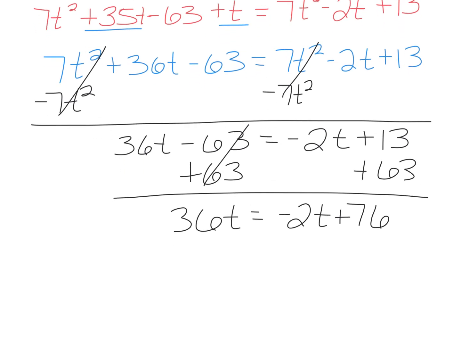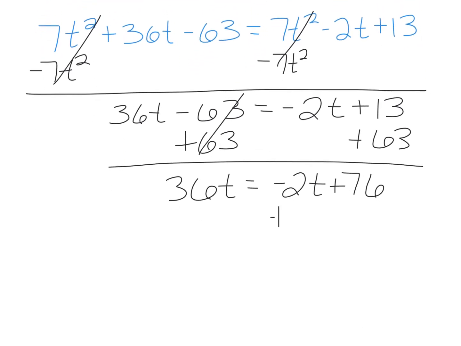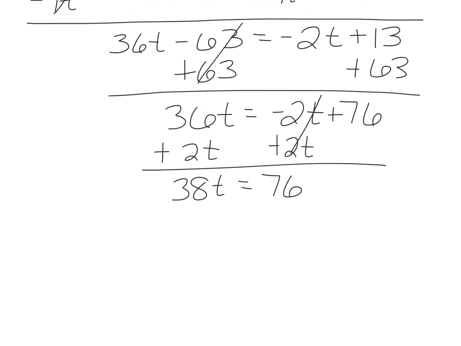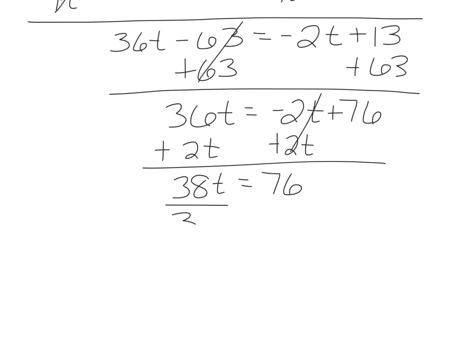What do I need to do next? Plus 2t. So we have 38t equals 76. Last step. Divide by 38. So we get t equals 2.